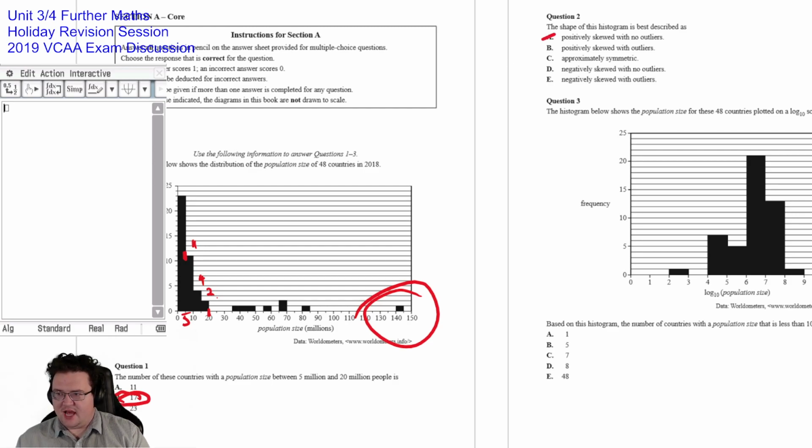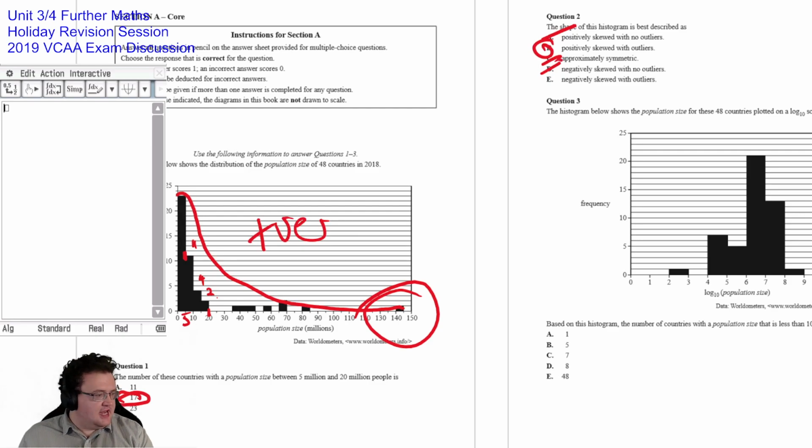So it clearly can't be A, it can't be symmetrical, and it can't be D, because there's clearly an outlier. If we look at the general shape, the shape looks like that, which means that shape is positive, so therefore it is B. And 86% of people got that one right as well.